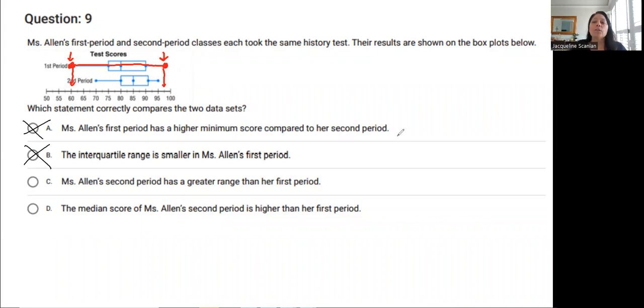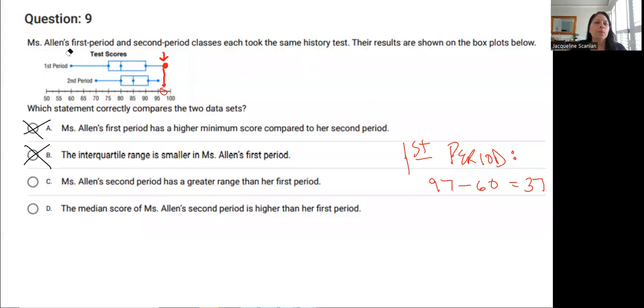So in her first period, the range is going to be from about 97 to about 60. And to get the range, we subtract. And 97 minus 60 is 37.